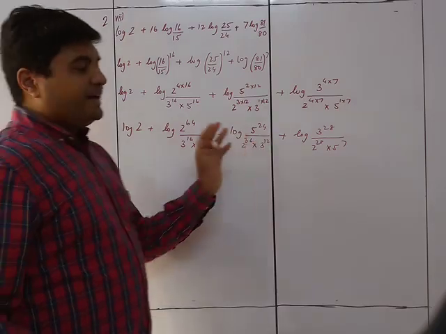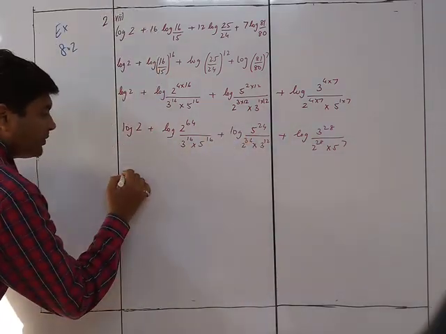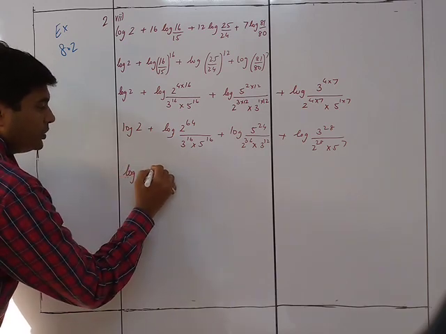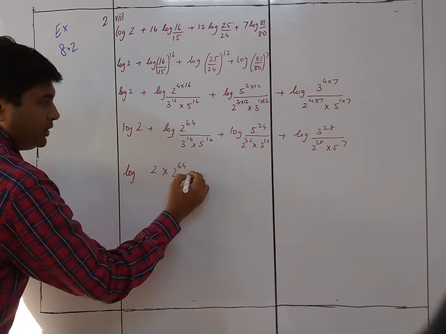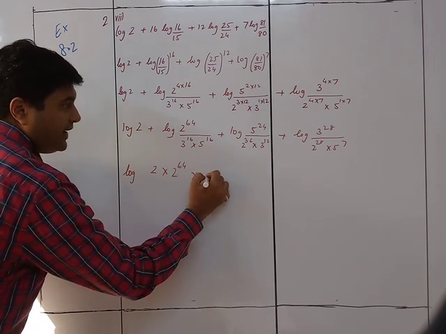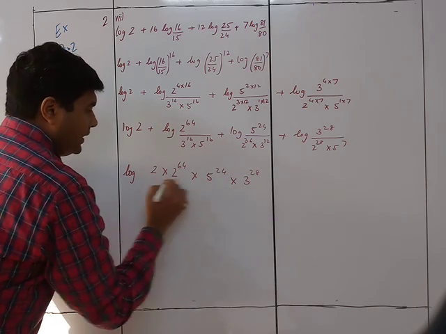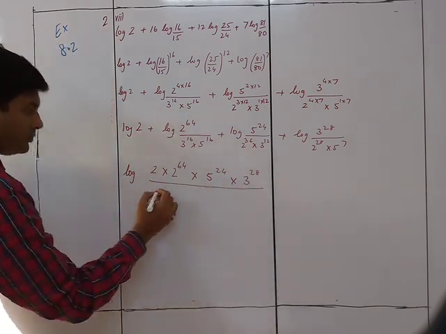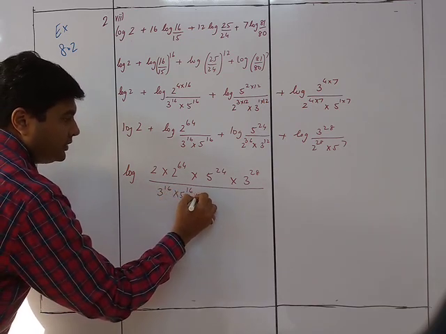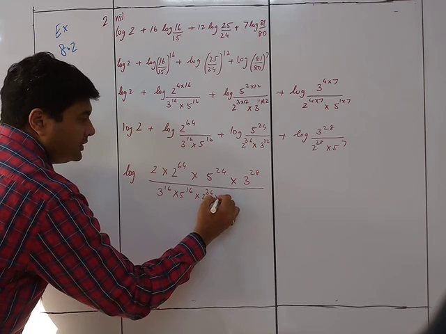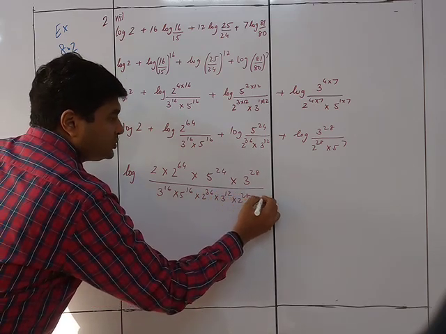All these are in addition, so they will become multiplication. So the whole thing will become log of 2 into 2 raised to 64 into 5 raised to 24 into 3 raised to 28 upon 3 raised to 16, 5 raised to 16, 2 raised to 36, 3 raised to 12, 2 raised to 28, 5 raised to 7.